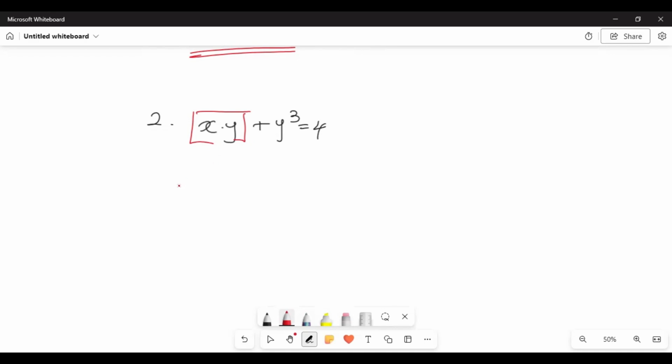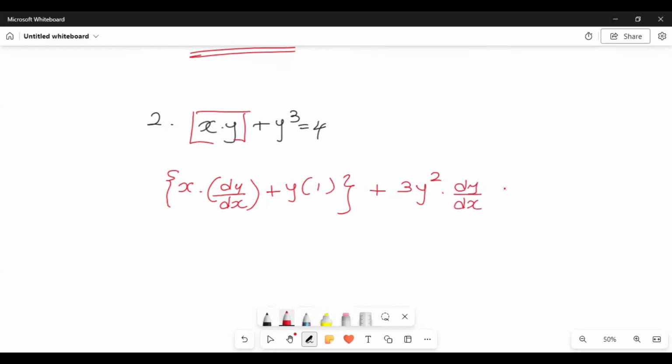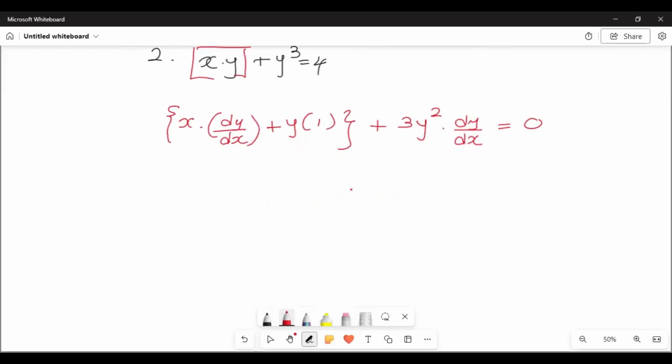It's going to be x times dy over dx plus y times derivative of x, which is 1, plus 3 times y to the power of 2 times dy over dx. The 4 is a constant, that's why it equals 0.